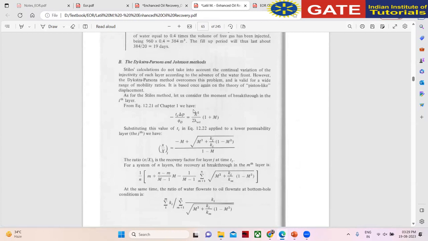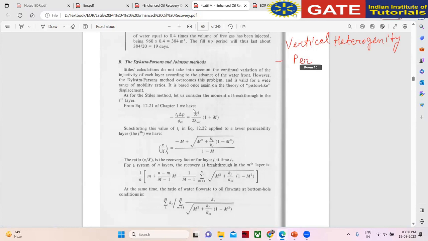So in our reservoir, there is a heterogeneity present. Areal heterogeneity and vertical heterogeneity. To represent the vertical heterogeneity, there are three methods.